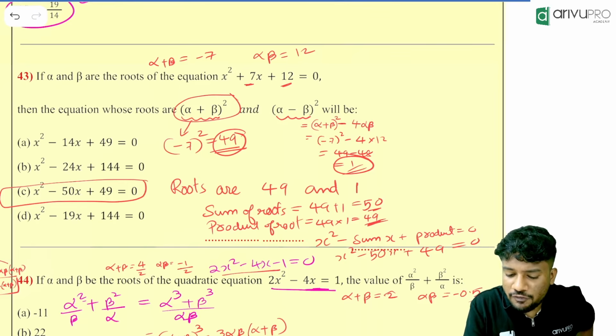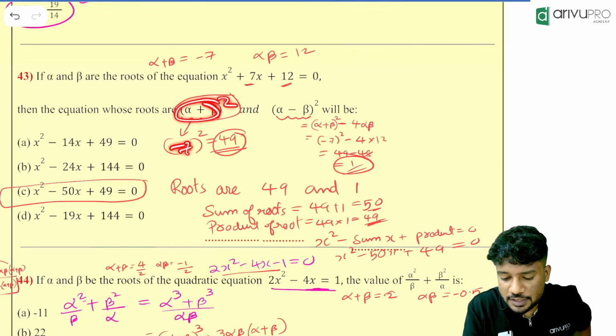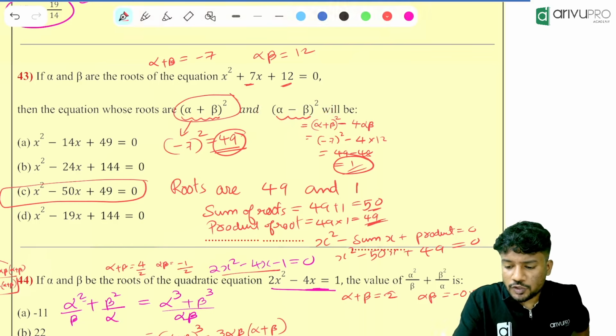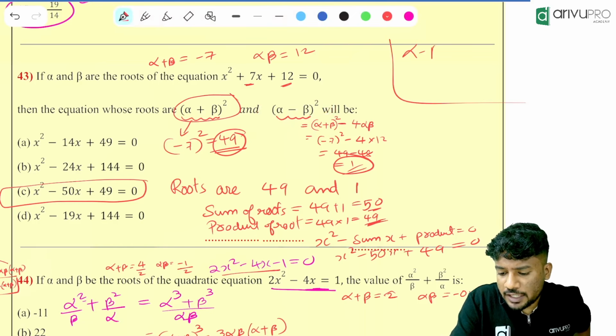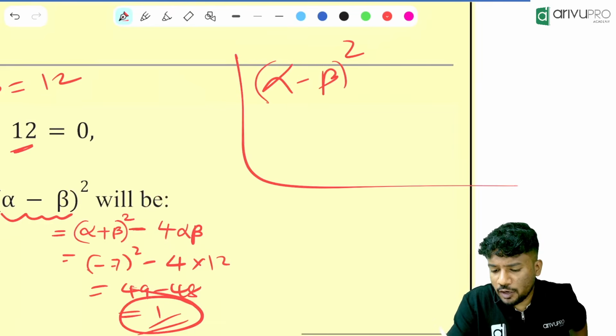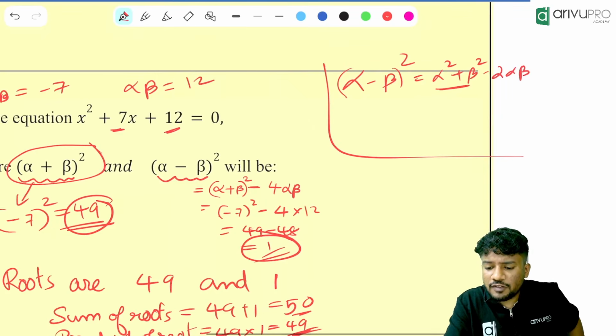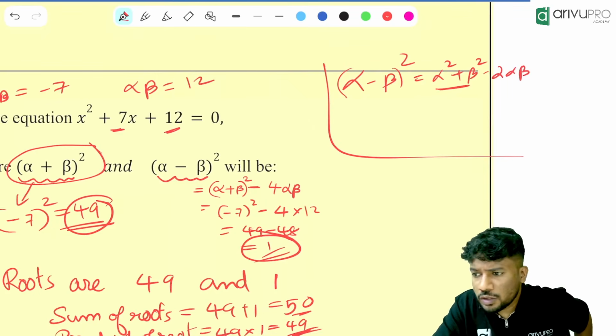So we know alpha plus beta the whole square is nothing but minus 7 the whole square, which is equal to how much? 49. Then people, what is alpha minus beta the whole square? If you write alpha minus beta the whole square, in general, how will you write it? Alpha square plus beta square minus 2 alpha beta. But do you have the value of alpha square plus beta square? No. So what you will do?